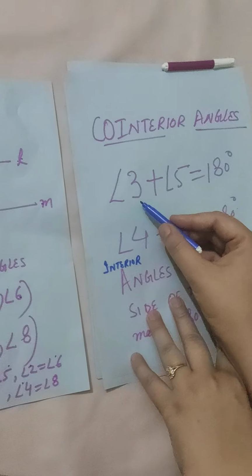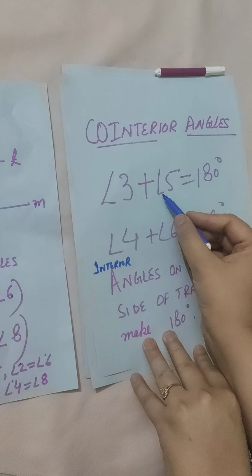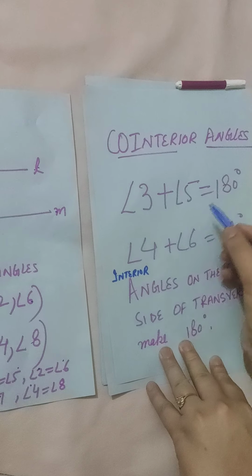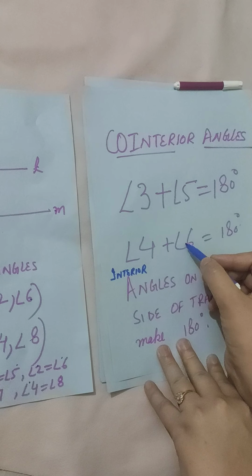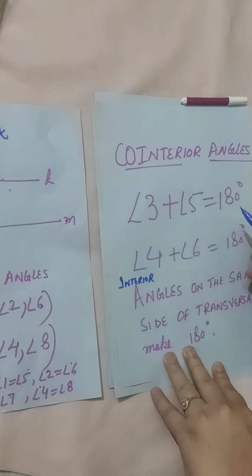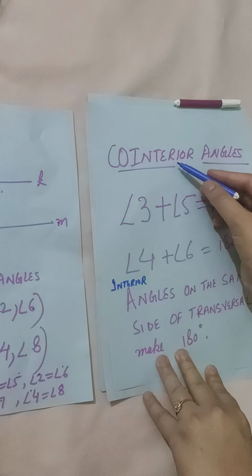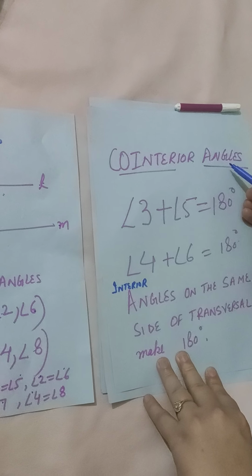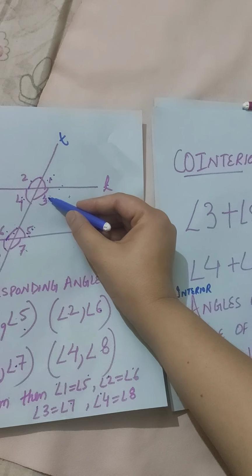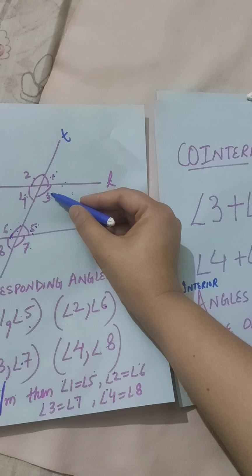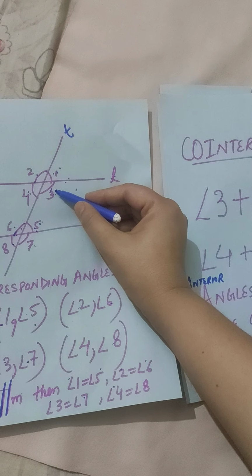So we can write angle 3 plus angle 5 is equal to 180 degrees, and angle 4 plus angle 6 is equal to 180 degrees. We can give the reason: co-interior angles. Suppose in the paper angle 3 is given as 120 degrees.